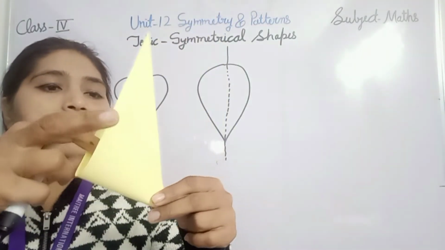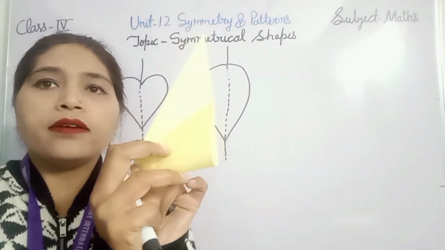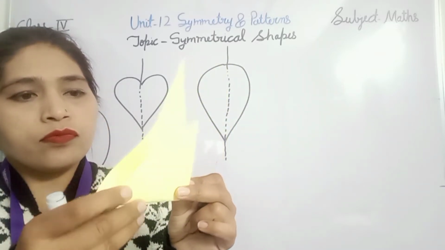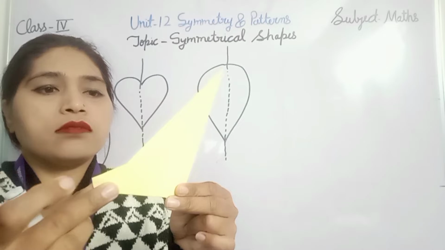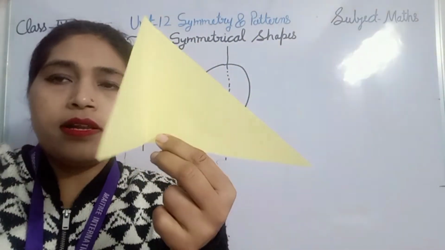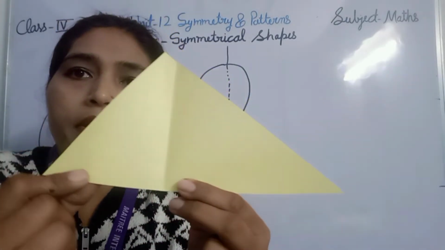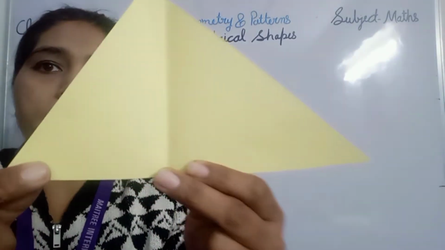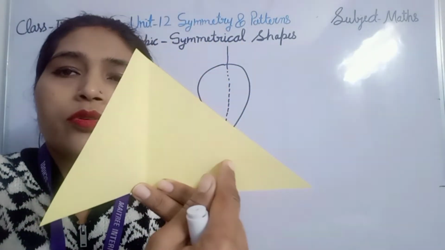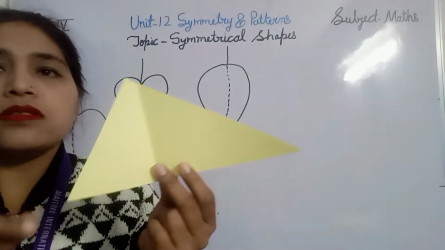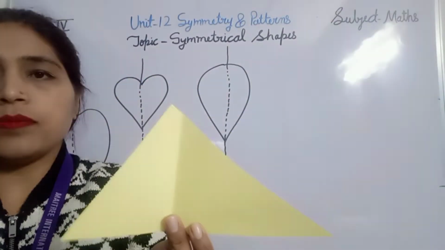If I fold this triangle, this part is not equal to this part. Both are different parts. So this triangle is asymmetrical, or you can say non-symmetrical.